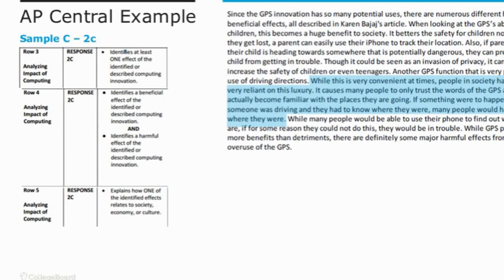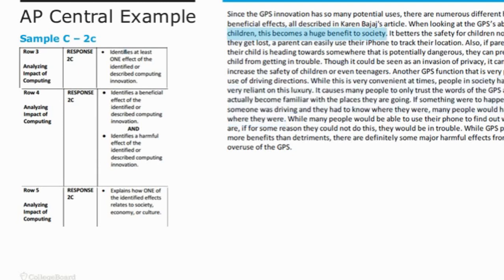So this is subtle, and I wouldn't necessarily recommend this as the best way, but the student did earn the point for getting the harmful effect in there, because it causes many people to only trust their GPS, and then they would be unfamiliar with their surroundings.